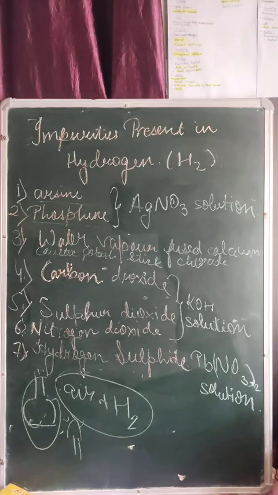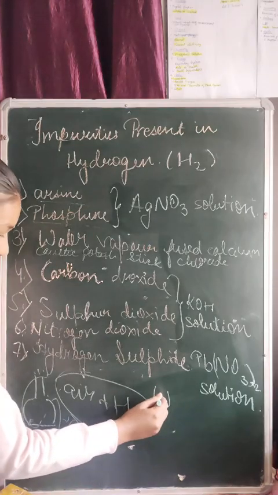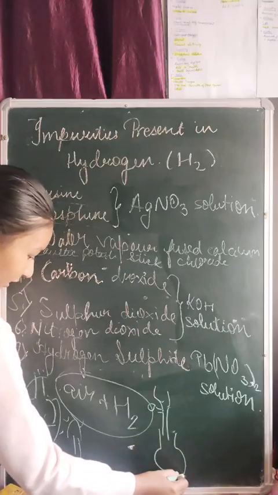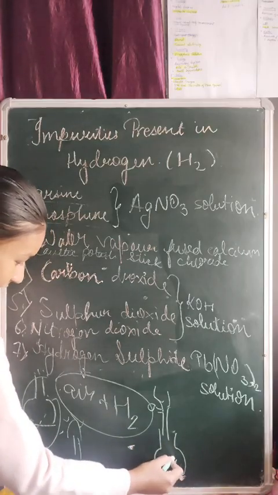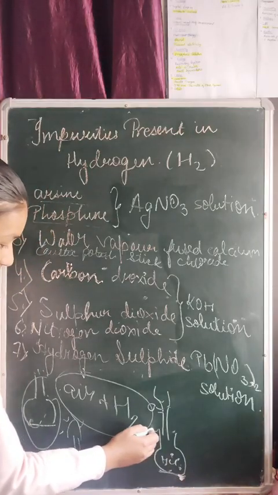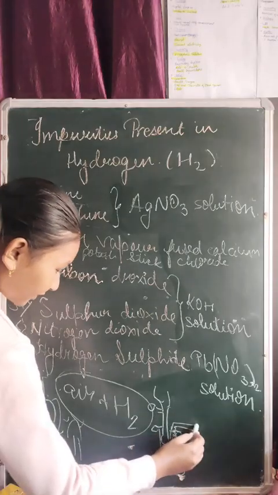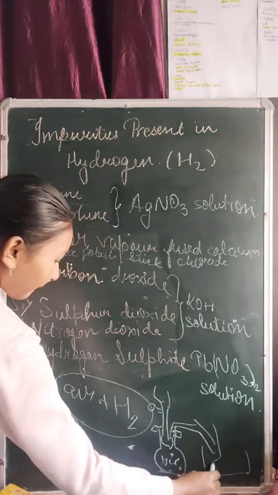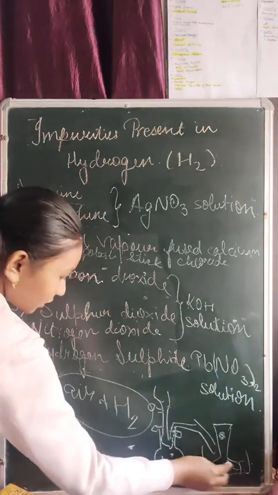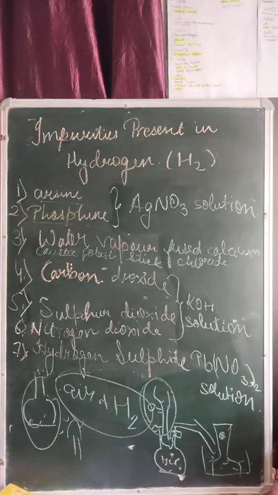Then the thistle funnel which we used for the process: this was the flask, here was HCl with some zinc granules, and the cork was there, here one delivery tube was there, and here hydrogen gas was collected and here was the water. So this is the thistle funnel.